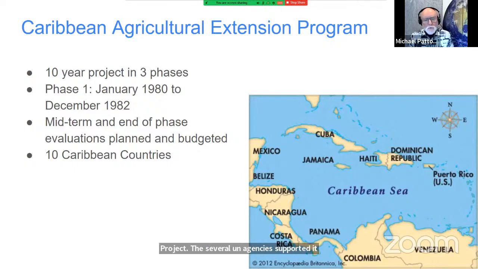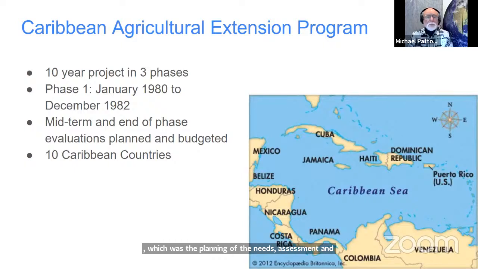The Caribbean Agricultural Extension Program was also supported by the agencies within the Caribbean, involved 10 different countries. The project was designed to run from 1980 to 1990 in 3 phases. And I was involved in the first phase, which was the planning of the needs assessment and designing the program improvement interventions.